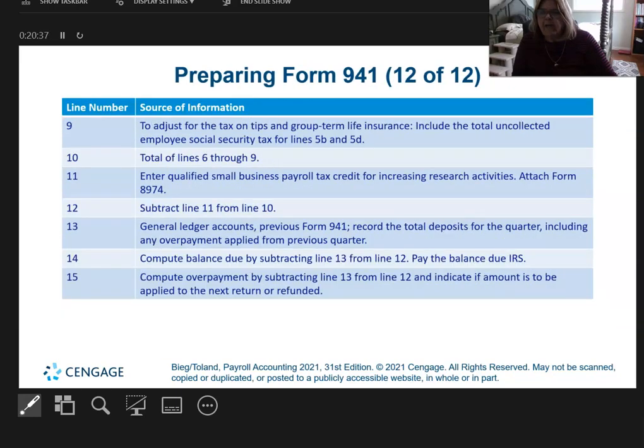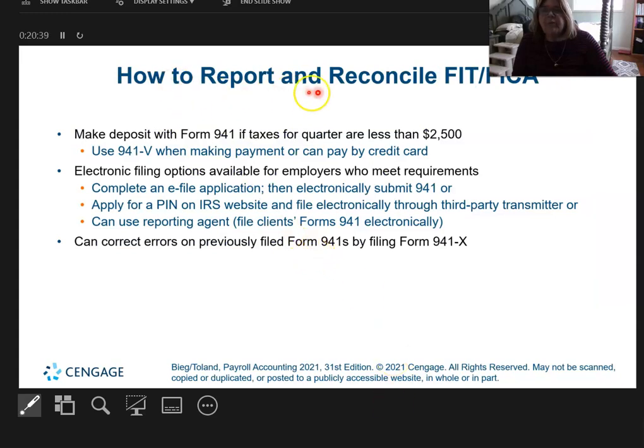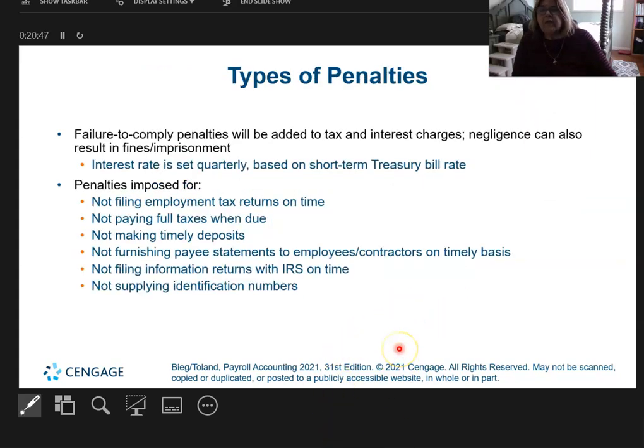Okay. And then after you do it, there's actually something about how to report or reconcile an FIT or FICA form. And I'm not going to actually talk about that, but I want to talk about this right here. Penalties. If you do not pay what you owe when you owe it, on the day you owe it, you are imposed a fine and penalty.